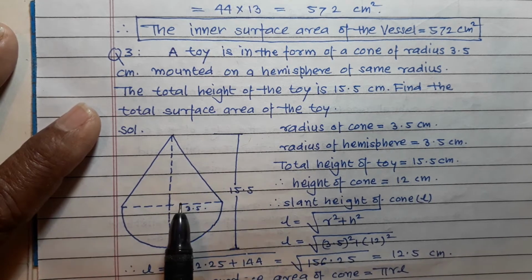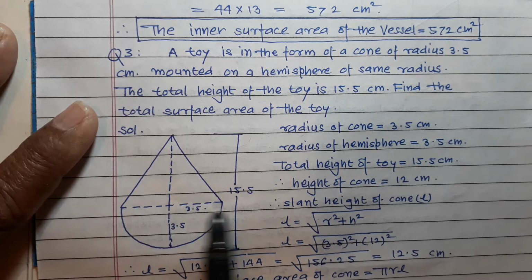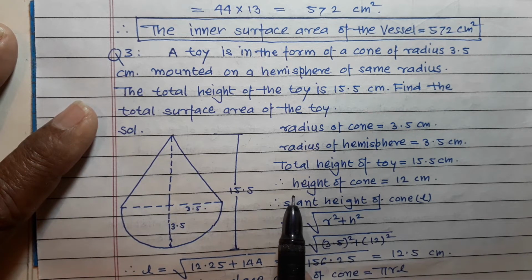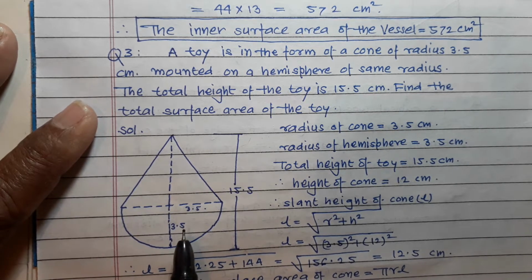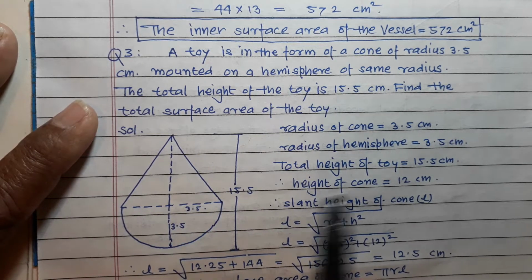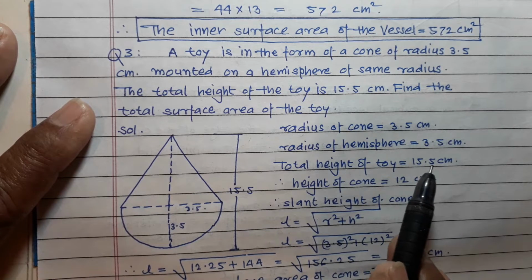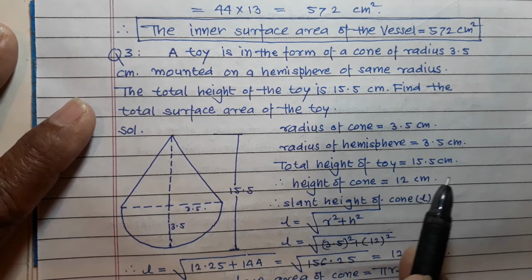So this distance is equal to the radius, that is 3.5, and the total is given 15.5. So 15.5 minus 3.5 gives you 12 centimeter.